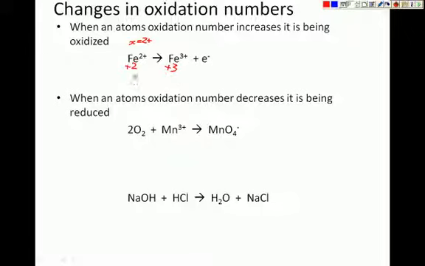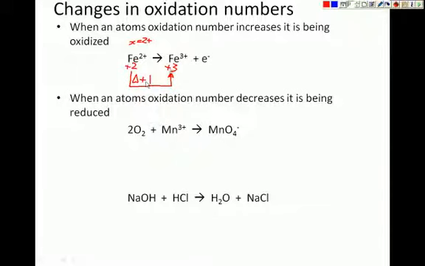Okay, so as this went, the change in the oxidation number went from plus 2 to plus 3. So it went up, it went up 1. Okay, so it increased 1. That was the change in the oxidation number.